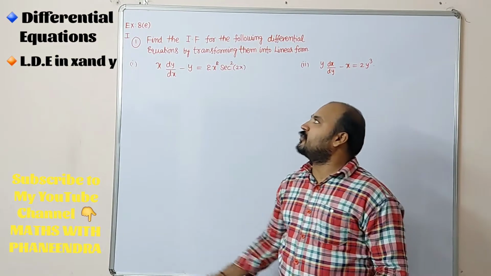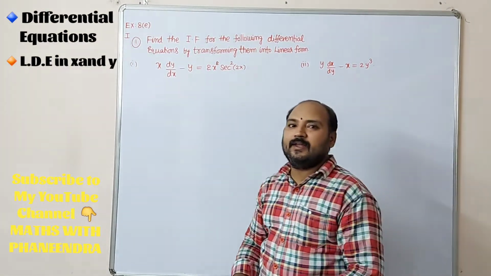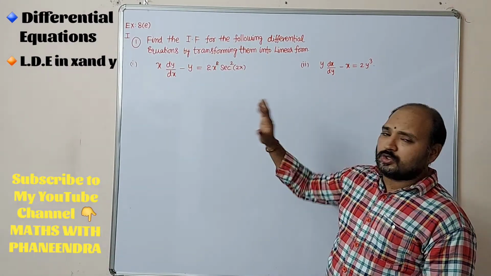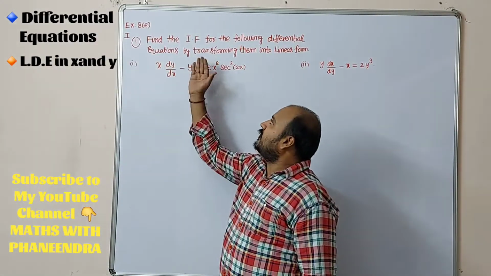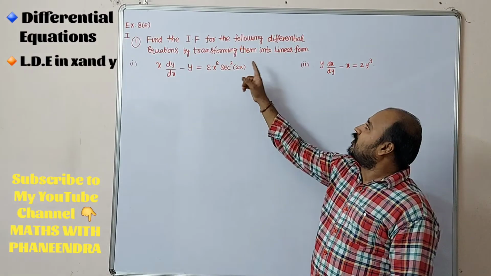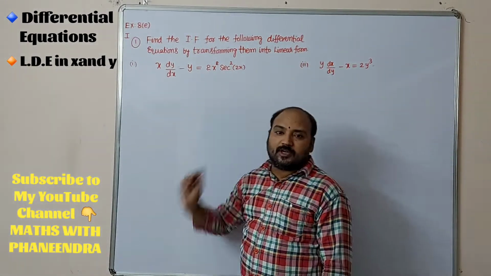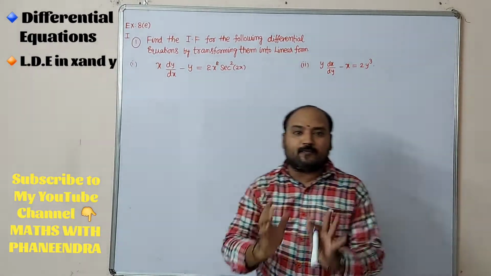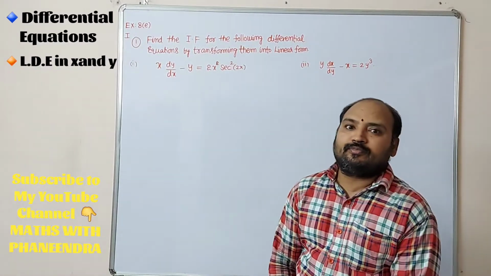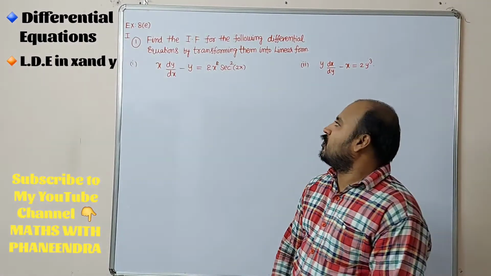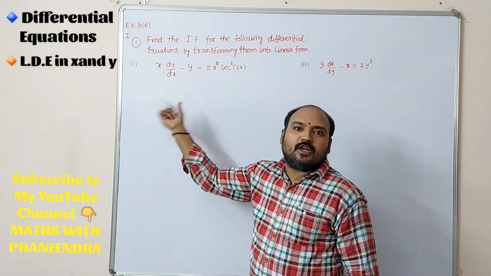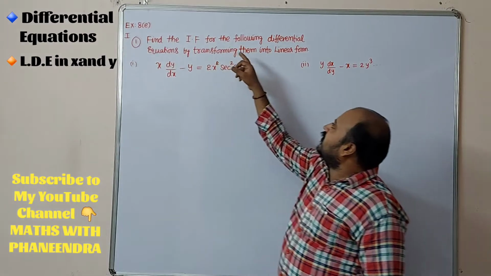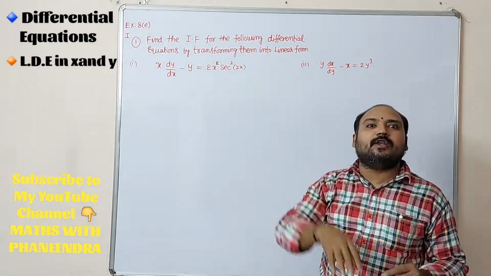We have entered into exercise 8e. In this first question, there are 2 questions. Find the integrating factor for the following differential equations by transforming them into linear forms. First, we need to transform the given differential equation into linear form.